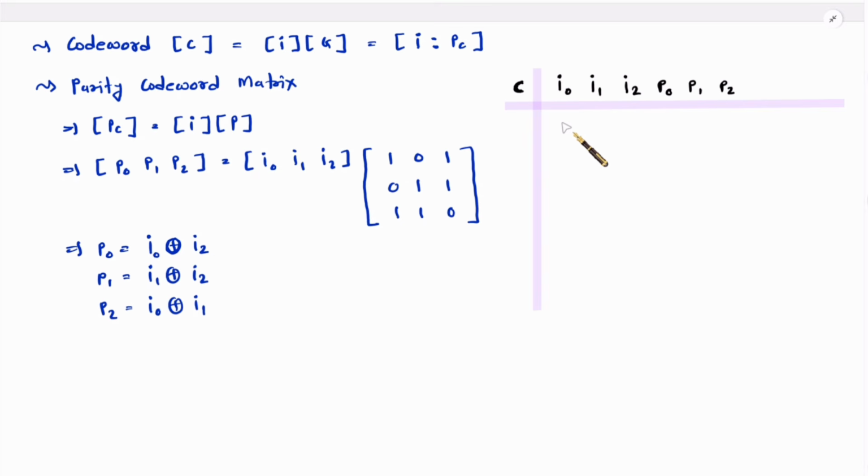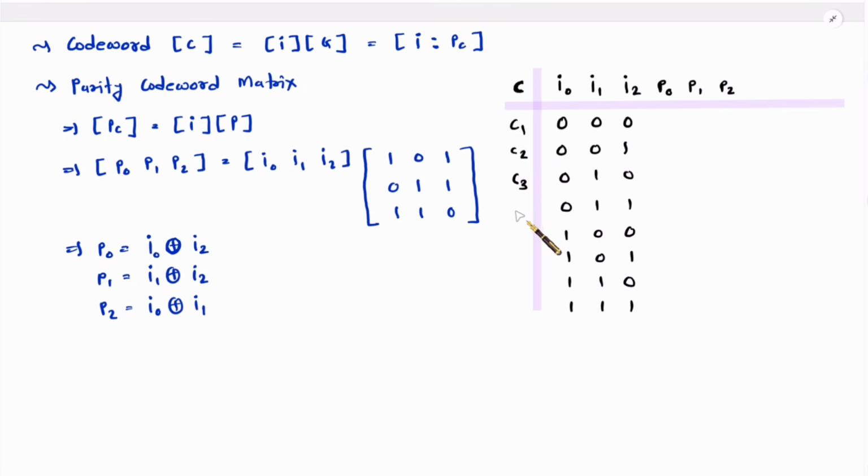So the data could be 000, 001, 010, 011, 100, 101, 110 and 111. And based on this data, let me note down the code words. Here we have C1, C2, C3, C4, C5, C6, C7 and C8. So that is how in total 8 code words are there.